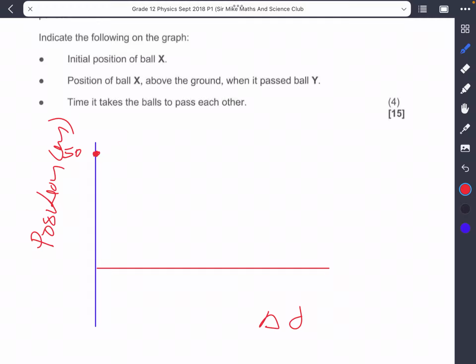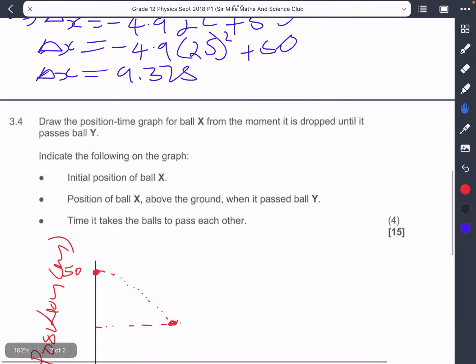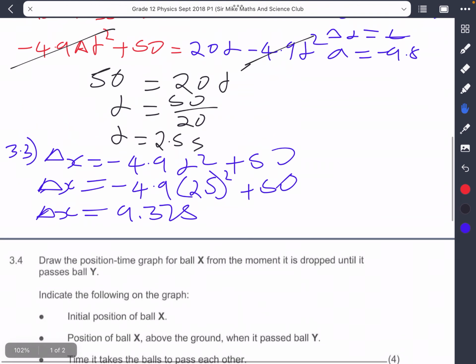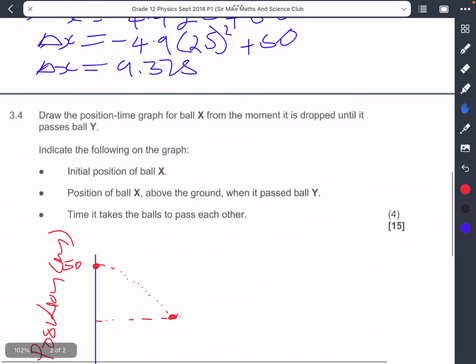So we know that ball y would travel until it passes ball x. At that point, let me scroll up again, it was actually at 9.375 meters above the ground.